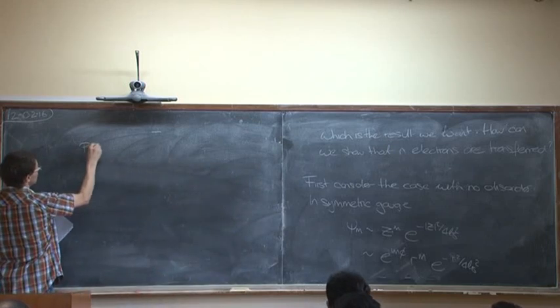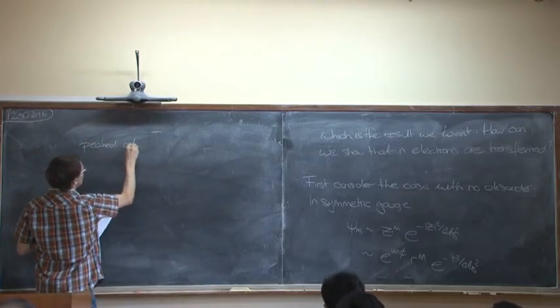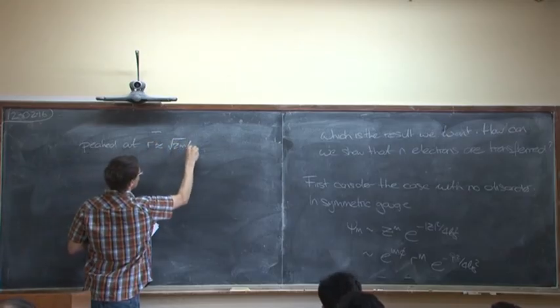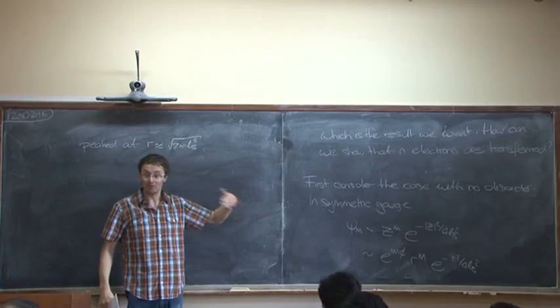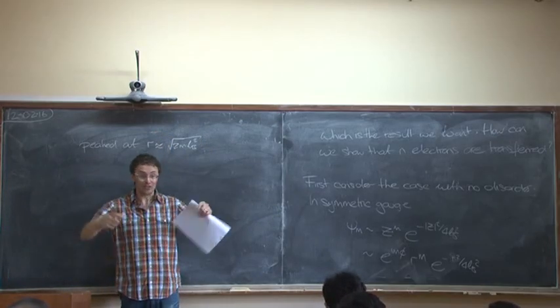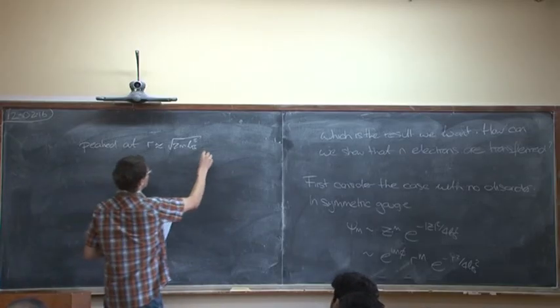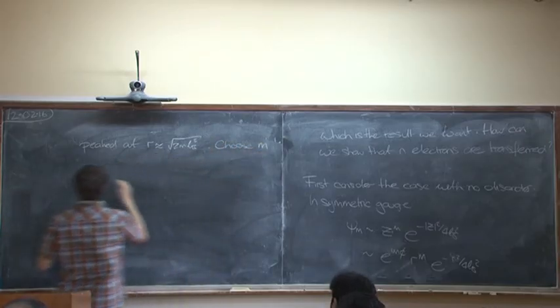Okay, so these are peaked. We saw in the last lecture where these wave functions are peaked, at r approximately square root of 2m times l squared. So now we don't get to pick all m starting from 0. We've got to pick the m such that these wave functions actually lie within the sample. We need to choose m such that these lie in the sample.